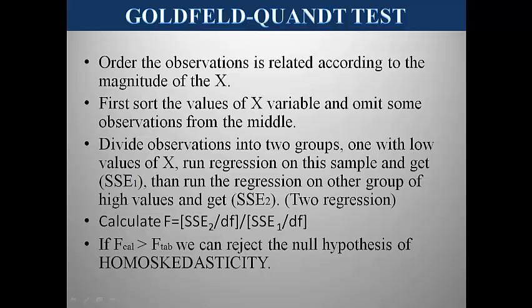Then we run the regression on the other group of high values and get another residual squares. Then we calculate the F statistic. If our calculated F statistic is greater than the tabulated F, then we can reject the null hypothesis of homoskedasticity.